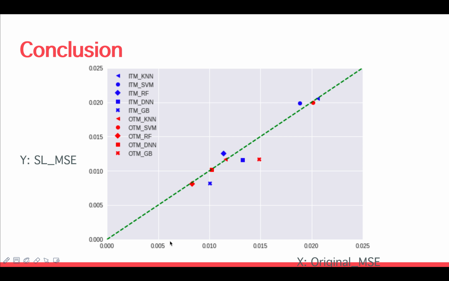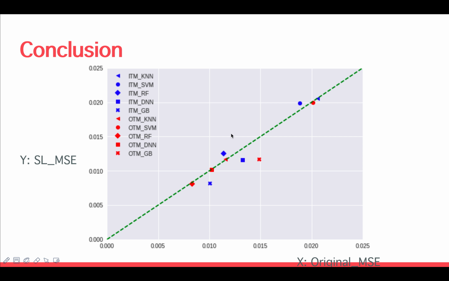The X axis is the original MSE and the Y axis is the MSE after selective learning. And this green line is the line Y equals X. So if the point is under this line, that means your selective learning is helpful, because it makes the MSE go down.